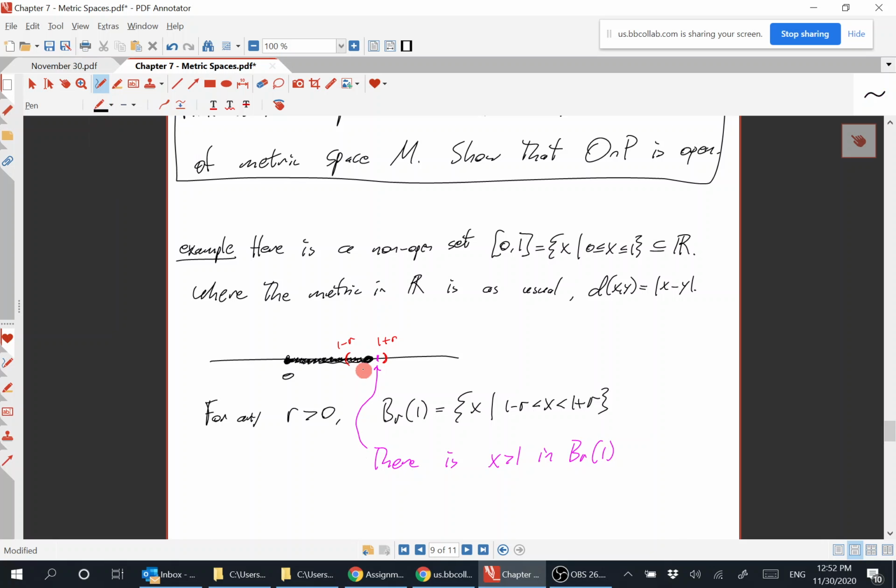Like what? What number would be right here? What number is bigger than 1 and less than 1 plus r? 1.2.